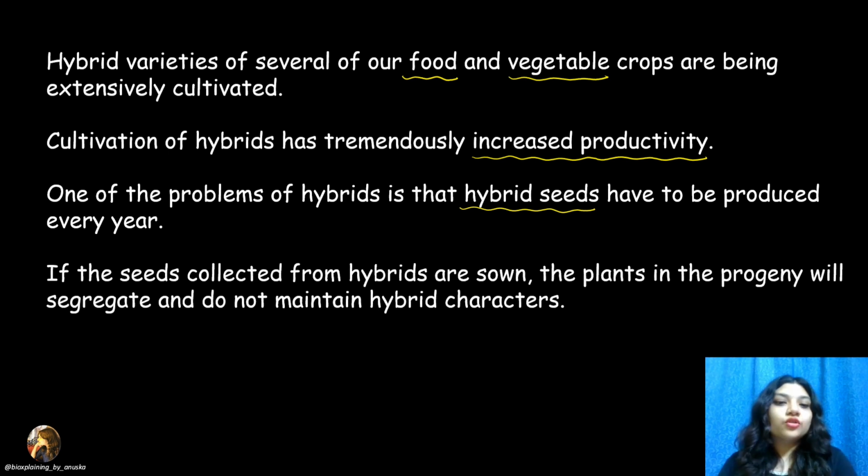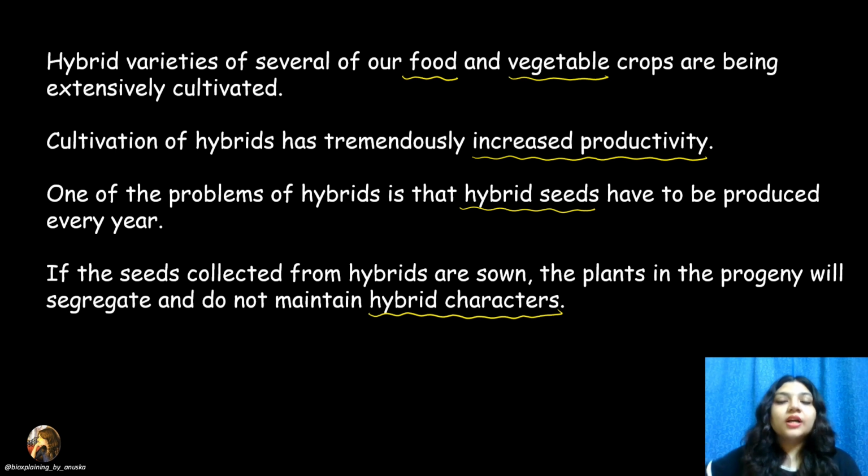Suppose you collect the seeds from the hybrids and sow them. Then in the progeny plants, characters will segregate; hybrid characters will not be maintained. If you normally sow the seeds, that germinates into a plant, then further that undergoes pollination and fertilization, so it goes into normal sexual reproduction.